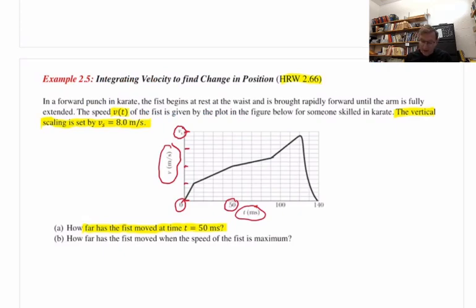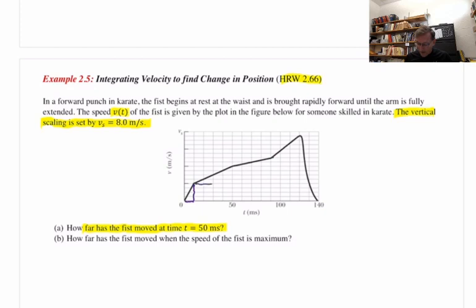And what I find convenient to do here is to simply break up, or to draw onto the picture, break up the area under the graph into simple shapes. For example, there's a simple shape that's a triangle between 0 and 10 milliseconds.